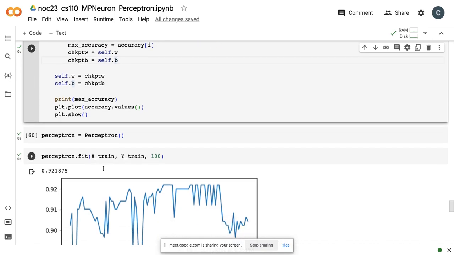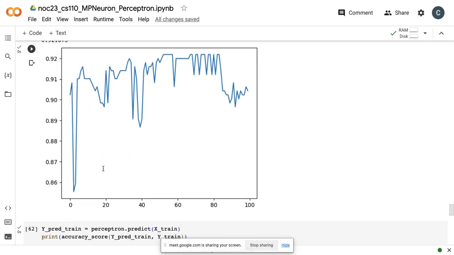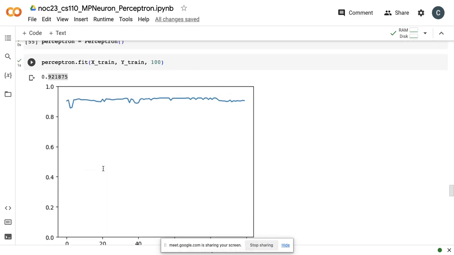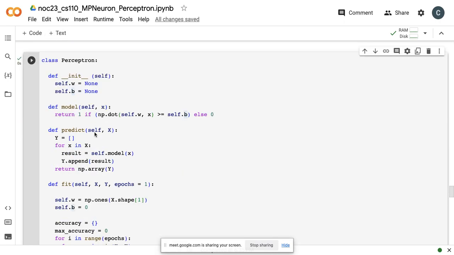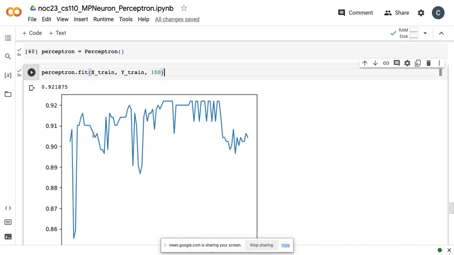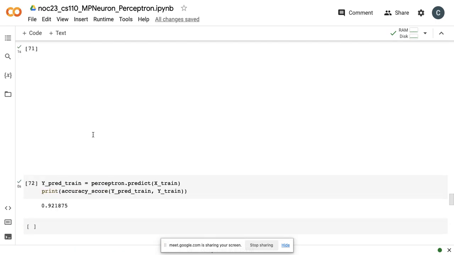Okay, now another important thing I'm going to show here. Until this point we were looking at the value of accuracy for all the epochs, between 0 and 1. Now once we do the checkpointing aspect as well, it's not that different from what we are seeing here.